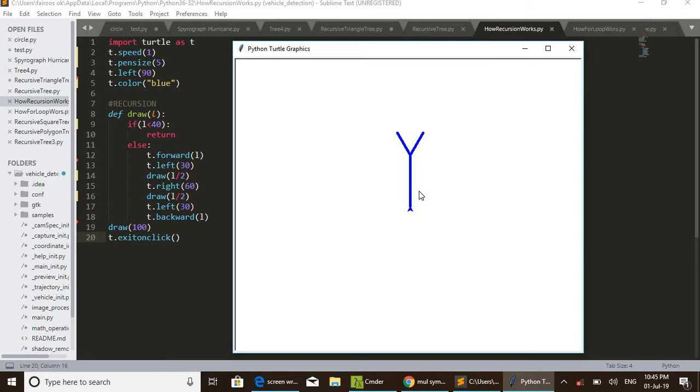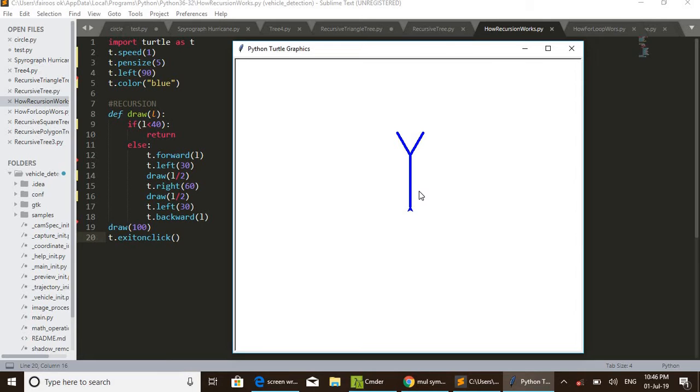Mainly I am explaining about recursion. What is recursion? This recursion is used in all programming languages. This is a very useful method used in programming. In C programming, Java or any language we can use recursion.